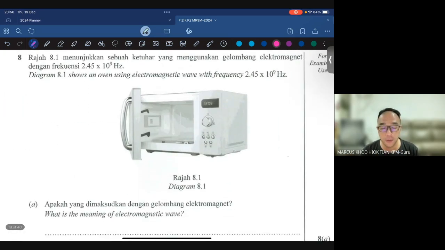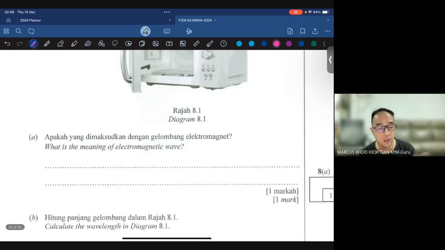Electromagnetic wave with a frequency of 2.45 times 10 to the power of 9 hertz. What is the meaning of electromagnetic wave? This is one of the more difficult definitions to remember.